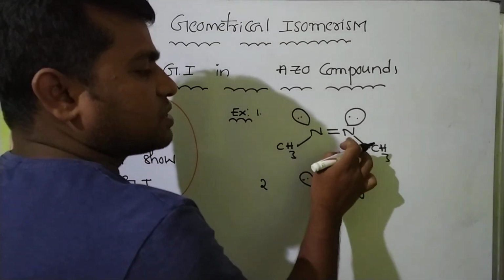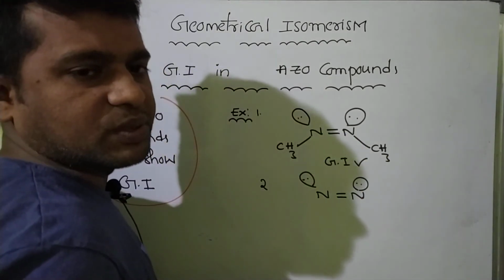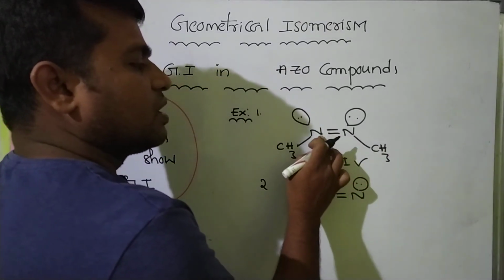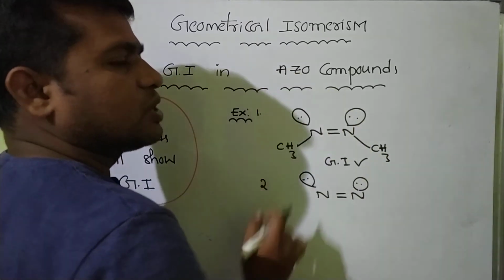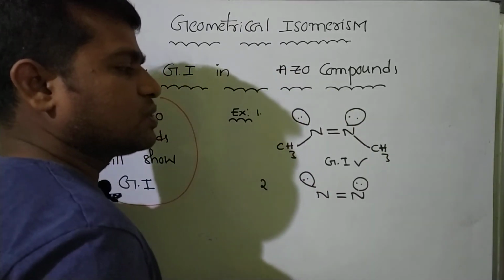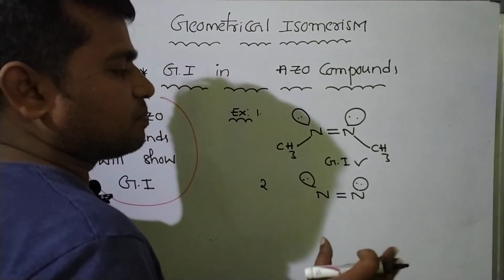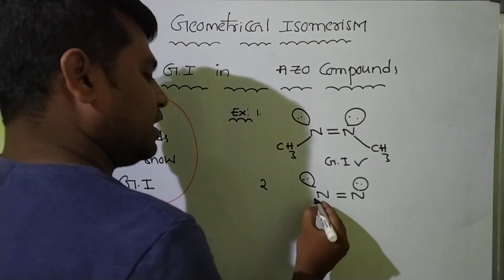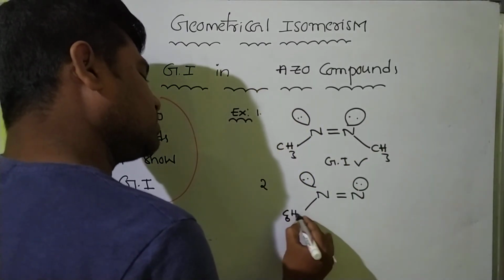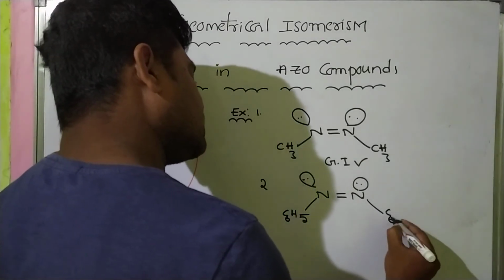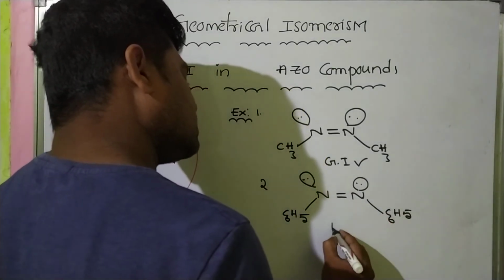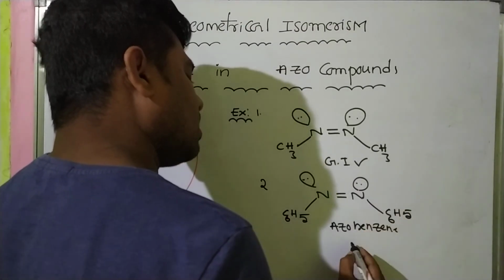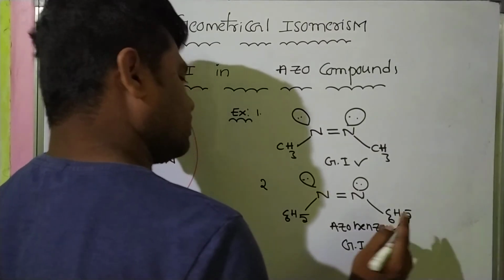Here the nitrogen double bond is restricted, so we can't rotate. Free rotation is not possible in the nitrogen double bond in azo compounds. So all azo compounds will show geometrical isomerism irrespective of grouping. Here C6H5 and here also C6H5. This is azobenzene, and this will also exhibit geometrical isomerism.